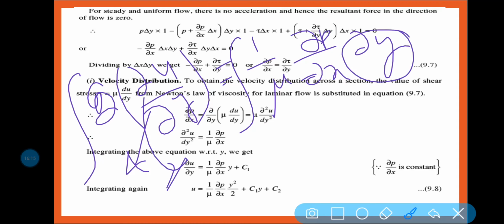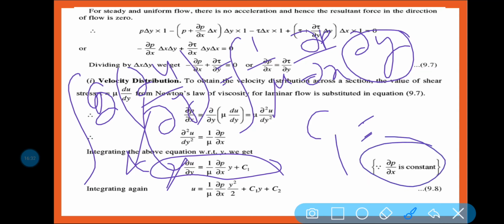So what is the integration of del y? This is your y. So 1 by mu del p by del x into y plus c1. C1 is the integrating constant. And del p by del x is equal to a constant, always.